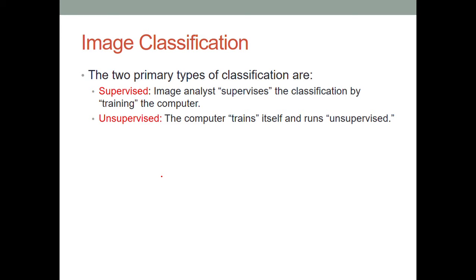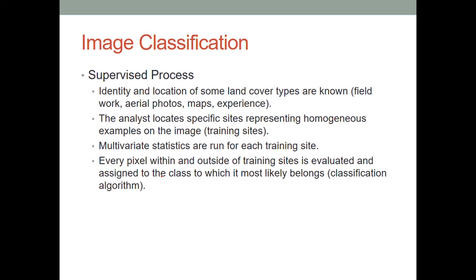So there are two primary types of classification, which are supervised and unsupervised. For supervised, the image analyst will supervise the classification by giving some input to the computer. This is what we call training. Okay, and in unsupervised, the computer will identify by itself and run automatically. All right, so we go for the supervised process.